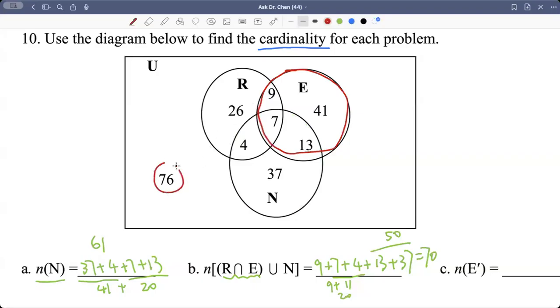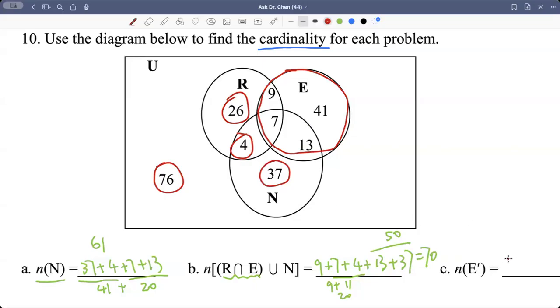So we have this 76, we have this 37, we have this 4, we have this 26. Right, those are not in E. So that's E complement.